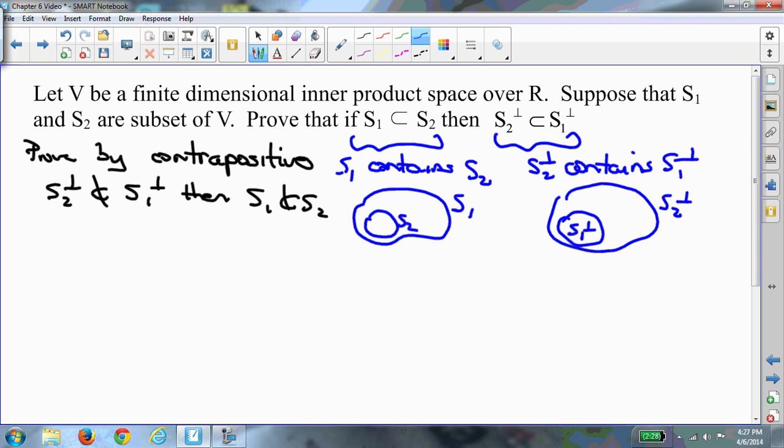Let's start here. We're going to let X be an element of S2 perp but X is not an element of S1 perp.